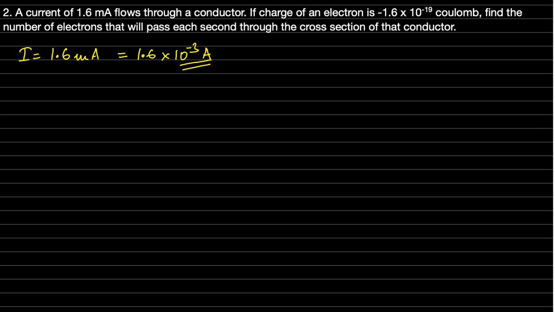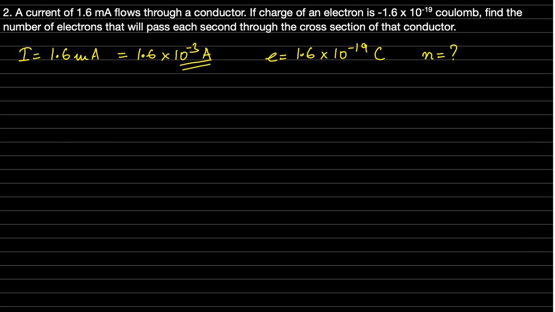If charge of an electron is 1.6 into 10 to the power of minus 19. So we need to understand one thing here very clearly. This minus given here is for the electron. So we are just supposed to take the main value of it, that is 1.6 into 10 to the power of minus 19 coulombs. Find the number of electrons. So we need to find n that will pass each second.